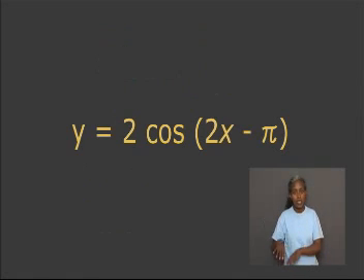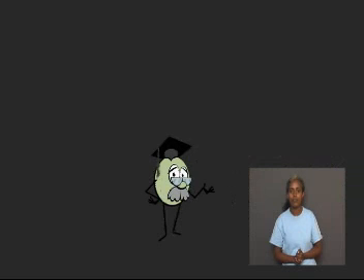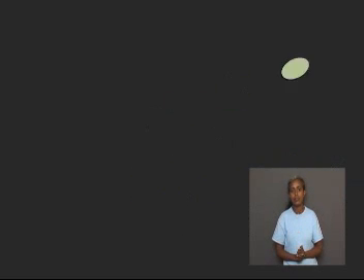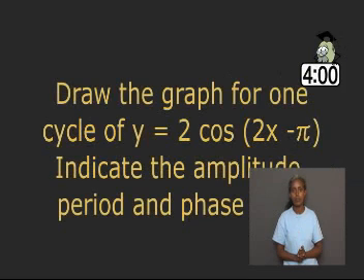Students, please draw the graph for one cycle of the function y equals 2 times the cosine of 2x minus pi. Indicate the amplitude, period, and phase shift. Students, let's get ready. Begin.